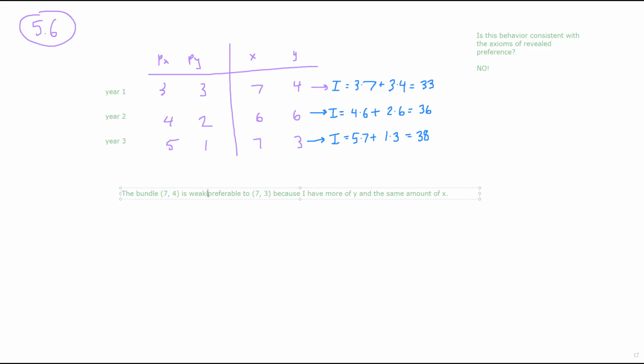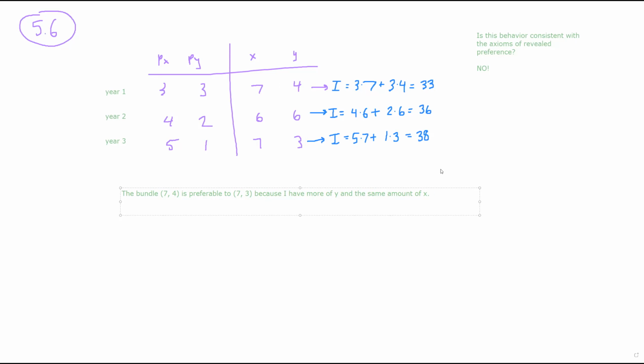What do we mean by weakly preferable? It means either 7.4 is strictly better than 7.3, or we think of 7.3 as being equal to 7.4. But it's unlikely that we would think that. For the proof that I'm about to do, I don't even need the fact that 7.4 is strictly preferred to 7.3. We could do weakly preferable, but we'll just say it's preferable. Okay, that's a pretty simple premise.